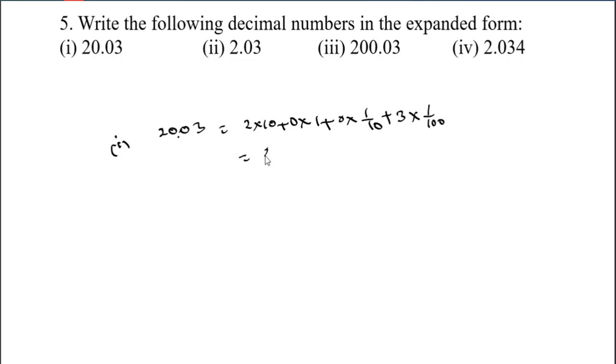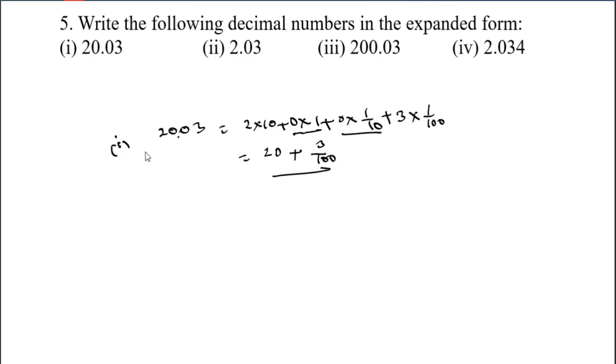Finally we can write the same thing as 2 tens, 20, plus 0 ones are 0, leave it; 0 into anything we will get 0. Therefore 20 plus 3 into 1 by 100, 3 by 100. So this is the expanded form of this one.